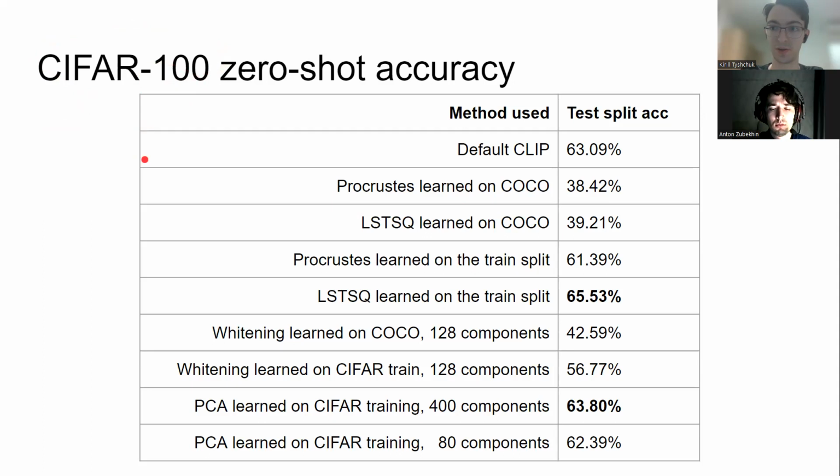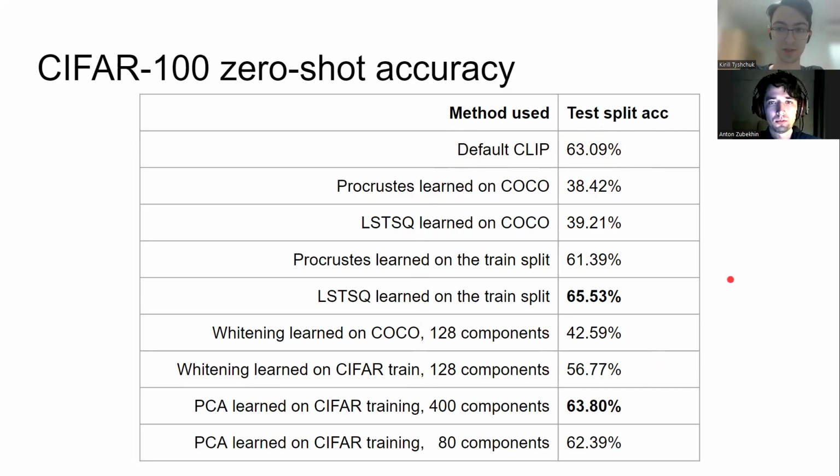And by measuring the similarity between images and such prompts, we can perform classification without training on CIFAR. And so we measured this capability of zero-shot classification after all of the transforms. So the default CLIP achieves accuracy of 63%. And these are the results after all of the transformations.